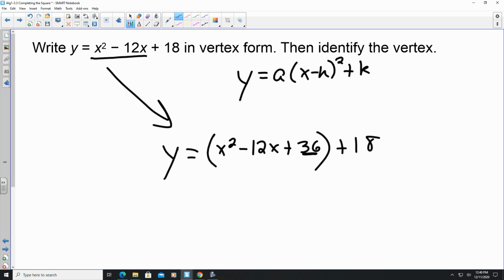But because I added a 36 to this right side, I'm going to add 36 to the left side as well to keep the equation balanced. Now, from here, I am going to use this set of parentheses and rewrite this as a square of a binomial, just like we did with completing the square.